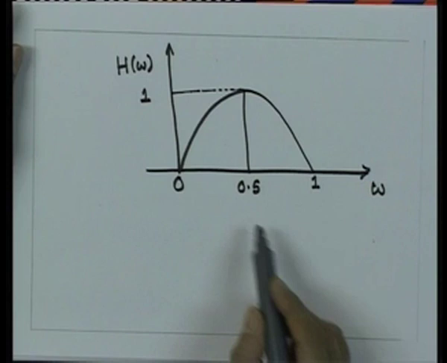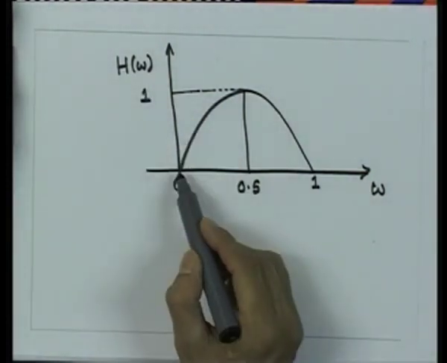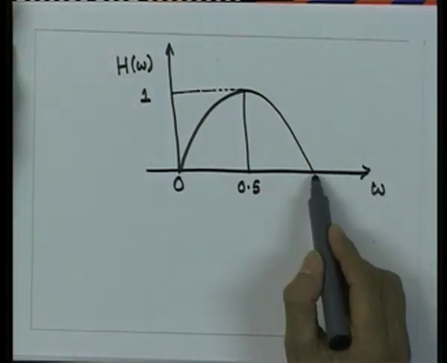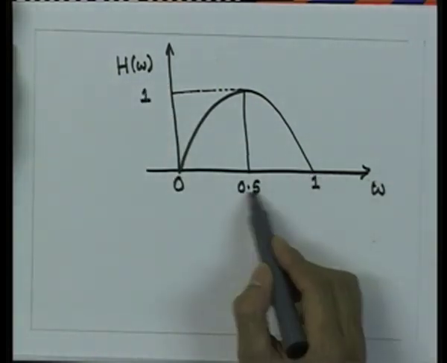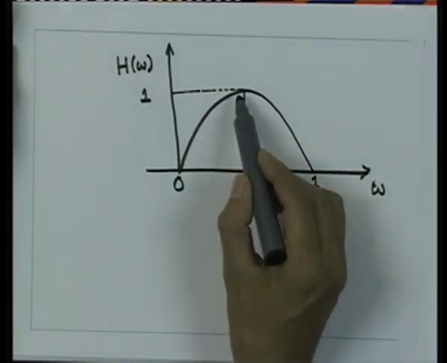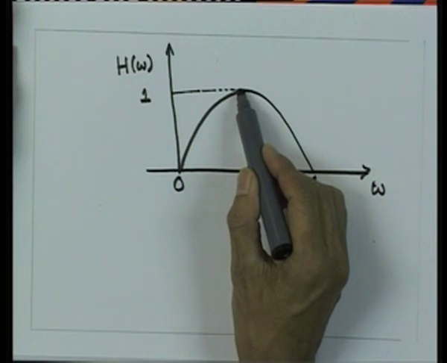What it shows is that when W is equal to 0, H(W) becomes 0, and when W is equal to 1, H(W) again becomes 0, but when W is equal to 0.5, my H(W) becomes the maximum value, and that is equal to 1.